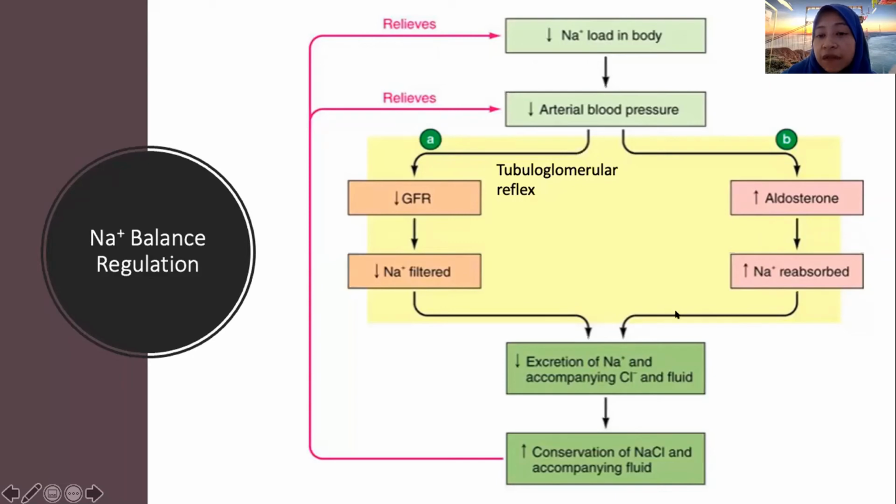At the same time, the low sodium in the body causes low sodium in the renal filtrate, which causes a reflex known as the tubuloglomerular reflex, to reduce the GFR and to reduce the sodium filtered. Both of these mechanisms help to correct the changes in the sodium load in the body itself.